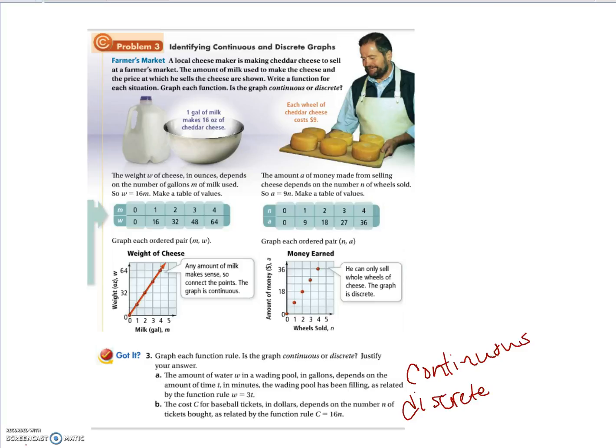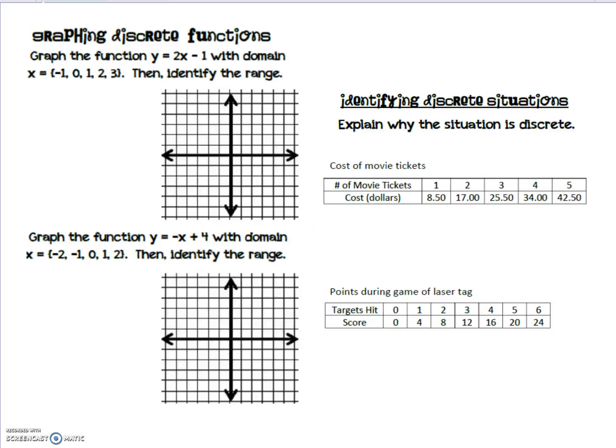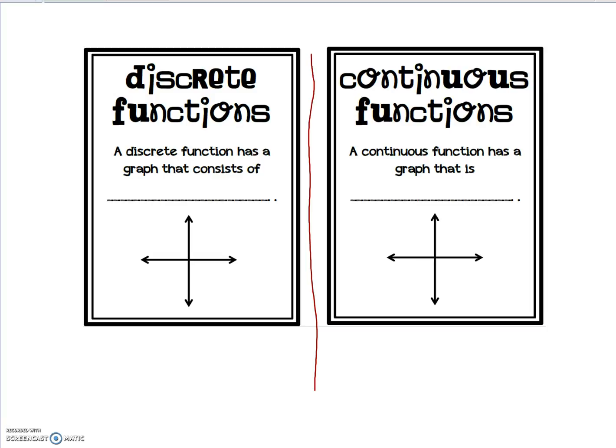So you have made a foldable and you've put it in your journal that looks like this. On the front, a discrete function has a graph that consists of points not connected.